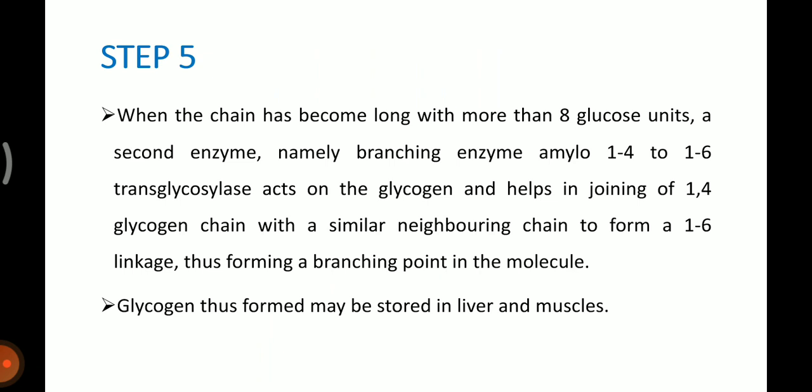After the first chain starts forming, the second chain is linked with a 1,6 linkage. Within the chain, that is the intra-chain linking, it is 1,4. The inter-chain link is 1,6. So after forming the chain, glycogen is produced from the glucose molecule.